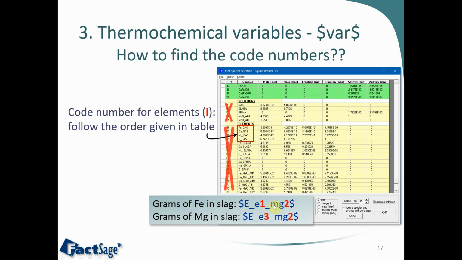So we use small m to designate a mixture, g to get its mass, and then we want the slag, so we have to find the code number for the mixture slag, which is number 2. And then again, for the mass of Mg in slag, it's similar, except that the code number for Mg is 3 instead of 1. Okay.